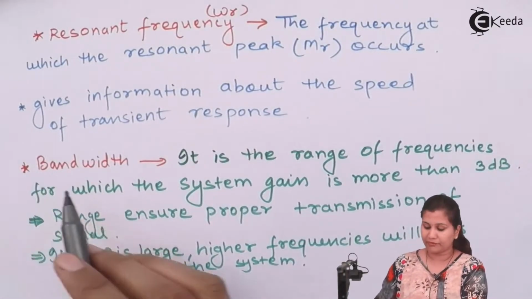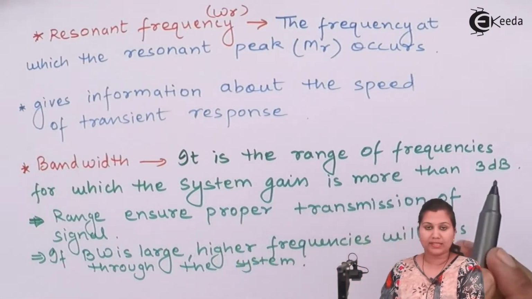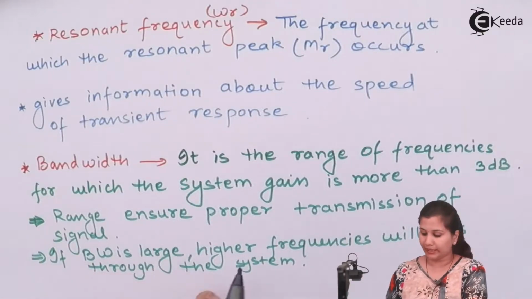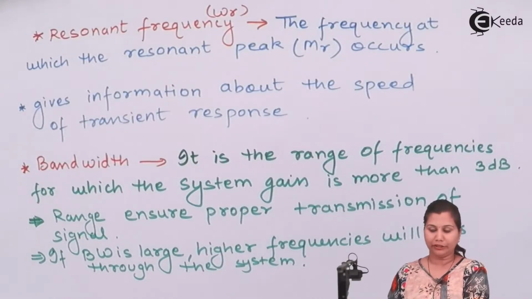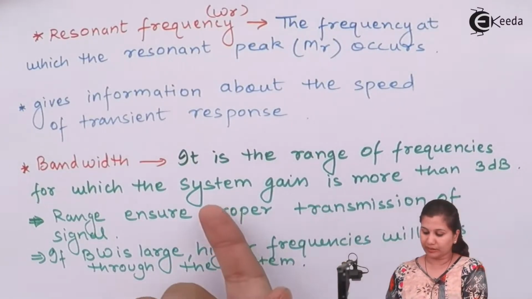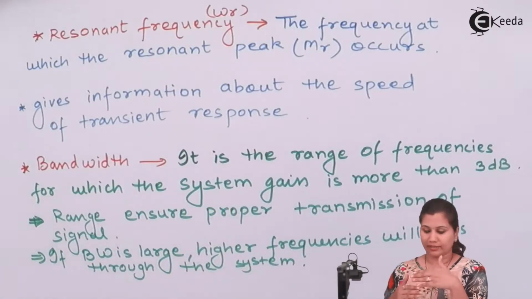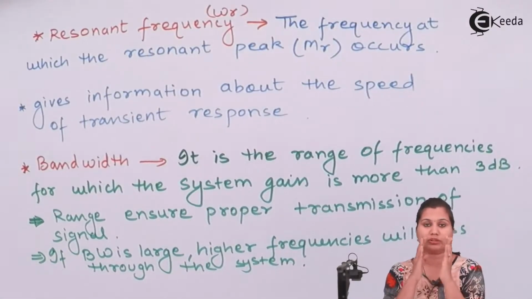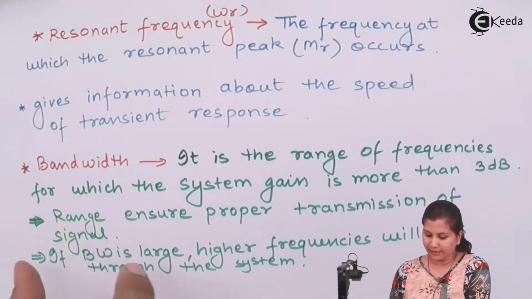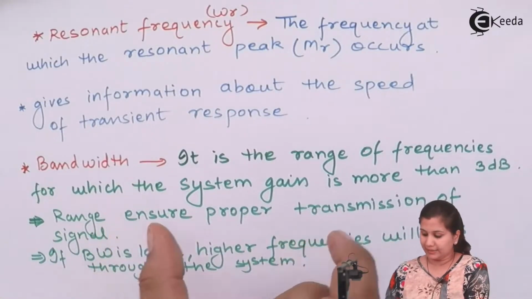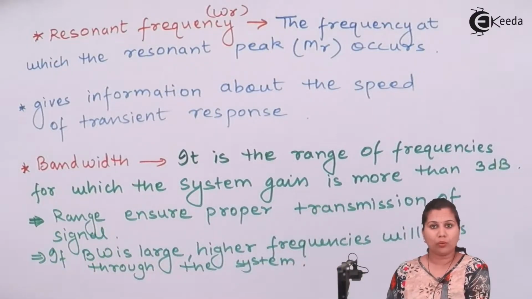Bandwidth is defined as the range of frequencies for which the system gain is more than 3 dB. We have defined a value for the magnitude, and if the system gain reaches more than 3 dB, that range of frequency is called the bandwidth.